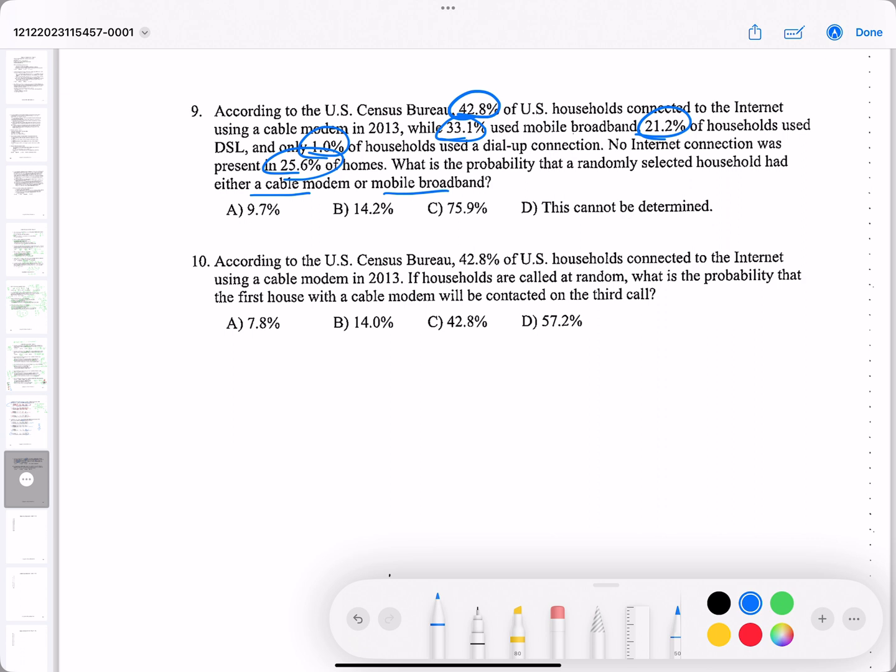All right, so we do know that cable was 42.8%, and mobile broadband was 21.2%, and we had dial-up was 1%, and none, we had 25.6%.